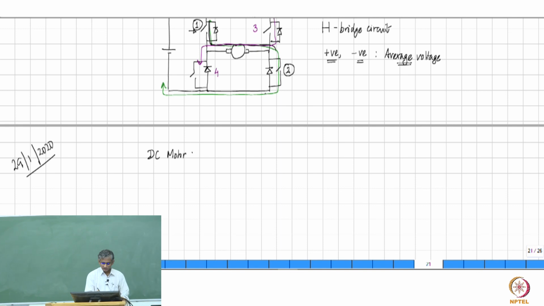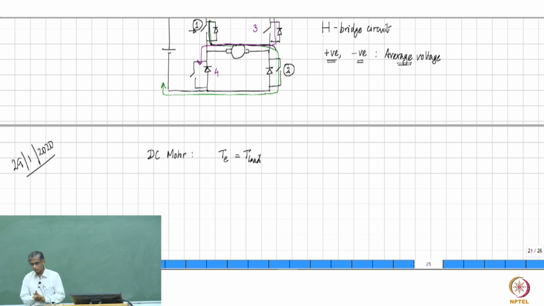And we know that the electromagnetic torque which the motor generates at the specific speed of operation must be equal to the load torque. This we have already seen from the graphs that we drew, and this is equal to K times I. This I is the average value of the armature current into the DC motor, and therefore the average current is determined by the load torque requirement.